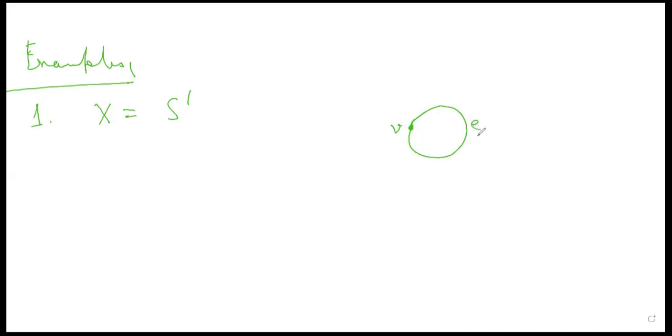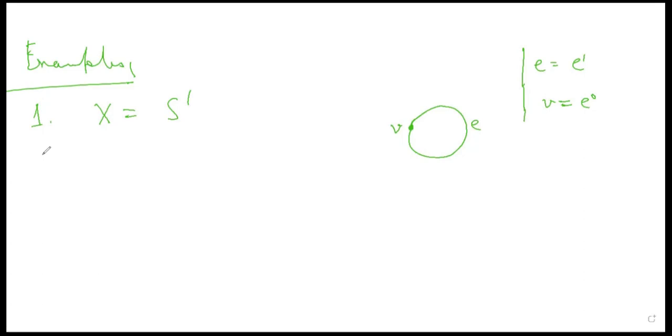So this gives a delta complex structure, right? This E is your E1, and this V is your E0, the open simplex of dimension 0. That means this is an open simplex of dimension 0.